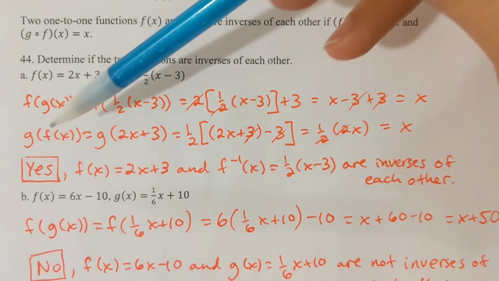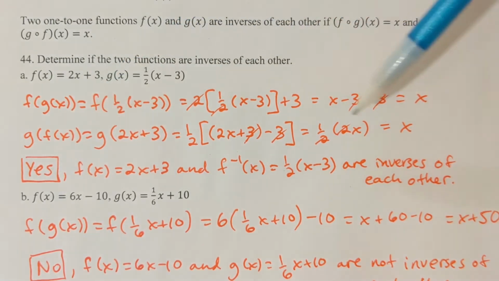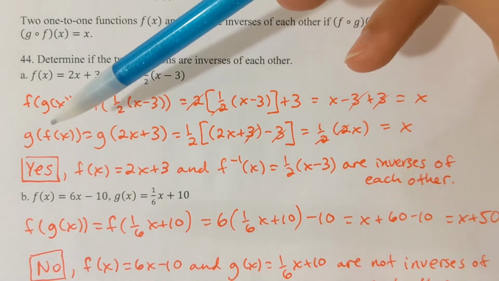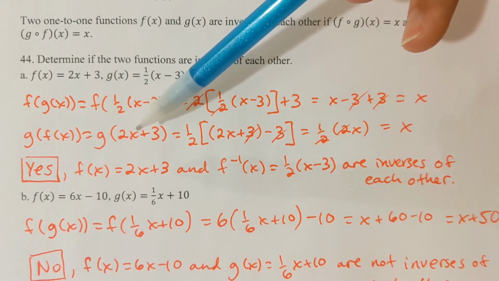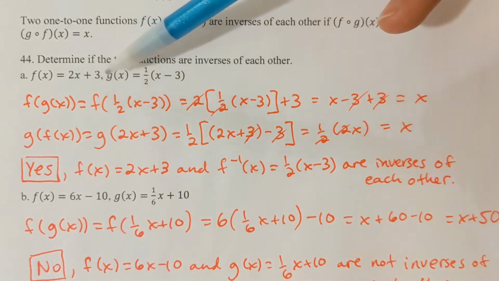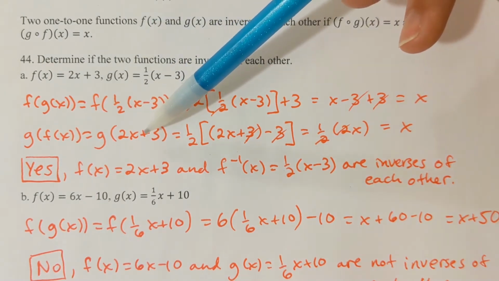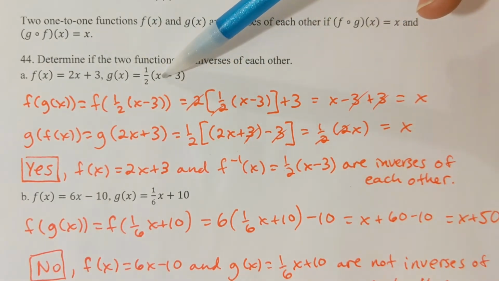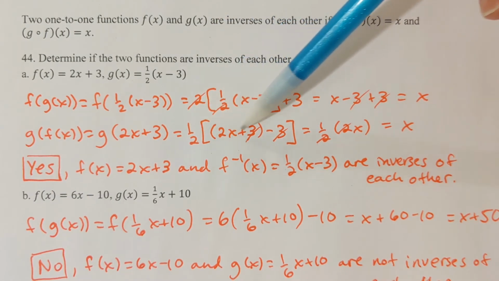Now I also want to check that g composed f of x is just x. Well, g of f of x means that I need to plug f into g. F of x is 2x plus 3, so everywhere that I see an x in g, there's only 1. I need to replace that with 2x plus 3. And I've done that here.